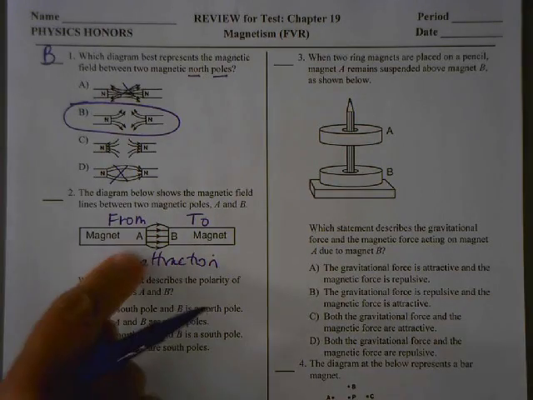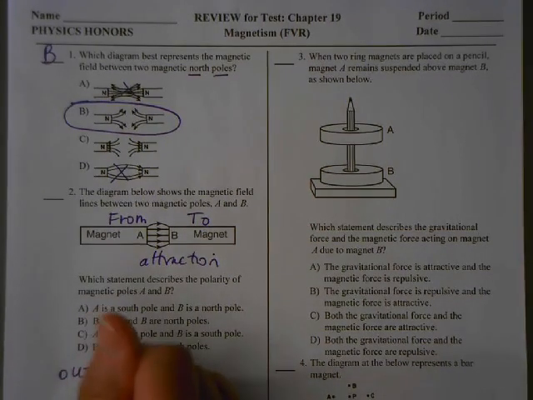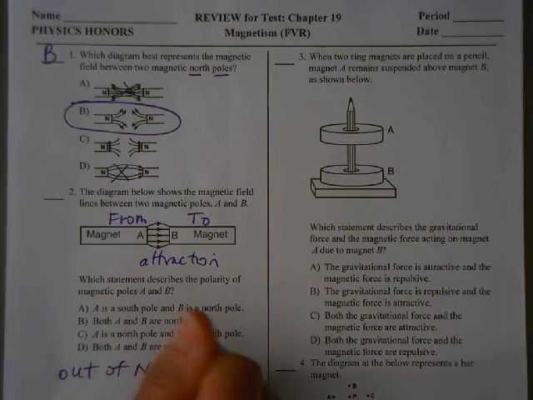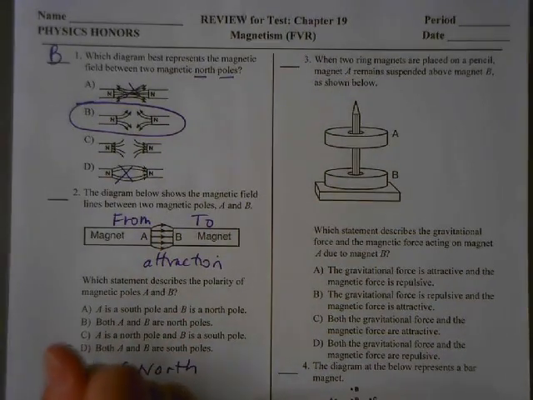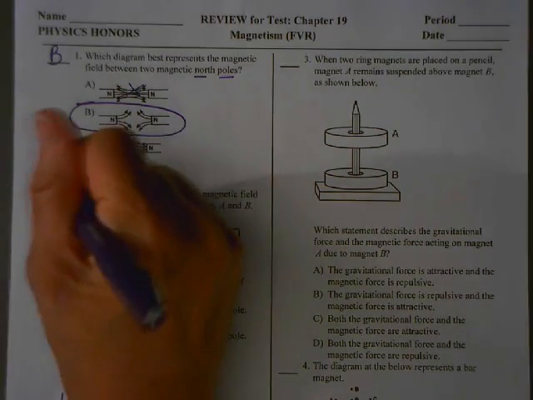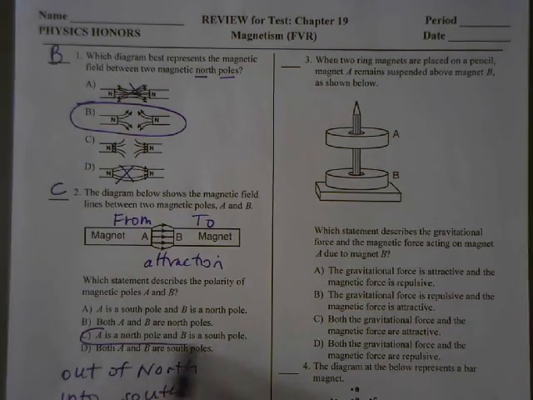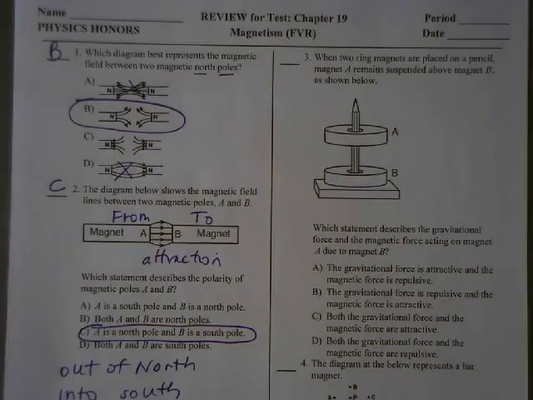But then we see it's going out of A and into B, and it always goes out of north, just like in question 1, and into south. So because we know it goes out of north and into south, we know the answer here is C. So A is north and B is south. Out of north into south.